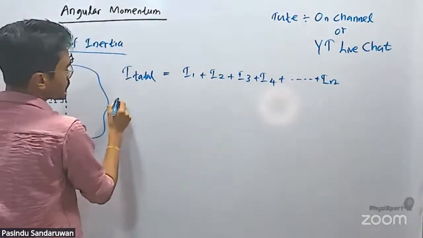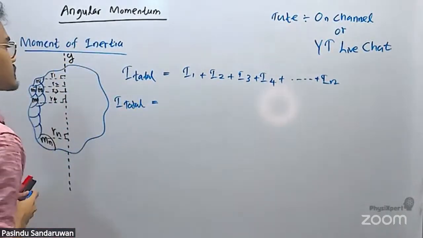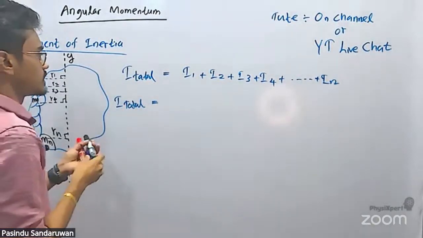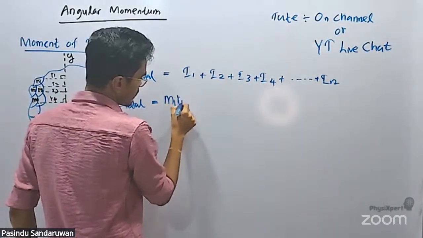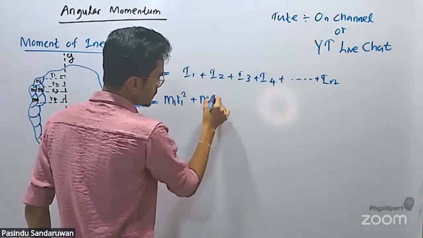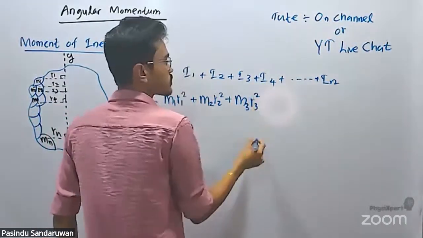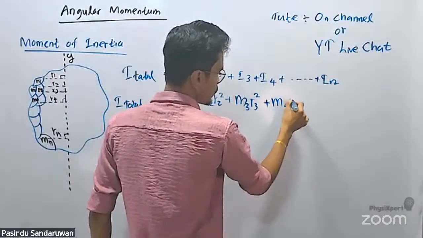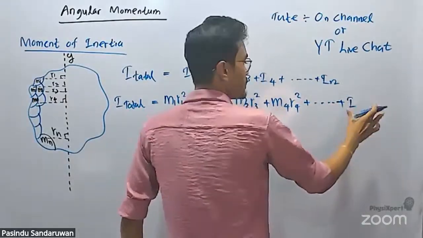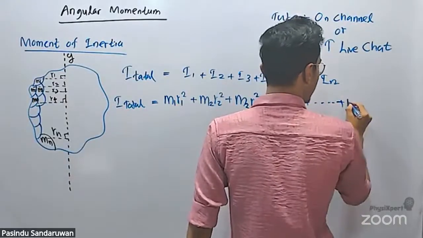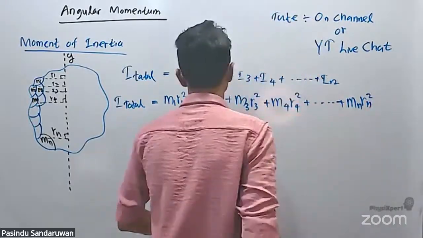Then I total can be written as: I1 is m1 r1 squared, I2 is m2 r2 squared, I3 is m3 r3 squared, I4 is m4 r4 squared, plus the last one, mn rn squared.